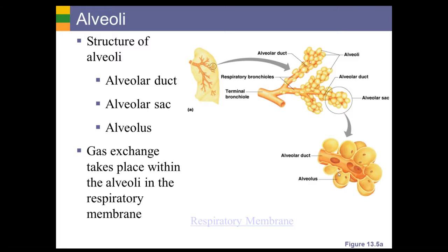That occurs in the alveoli. Now, although not shown here, located outside on the outer surface of the alveoli are pulmonary capillaries. And so there's gas exchange between the blood of the pulmonary capillaries and the air in this alveolus.